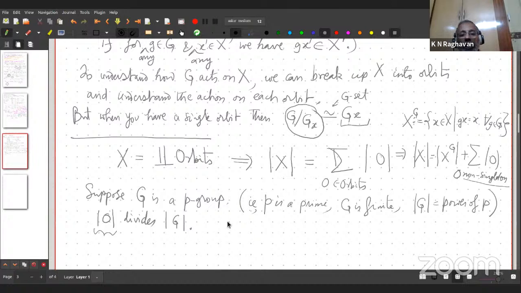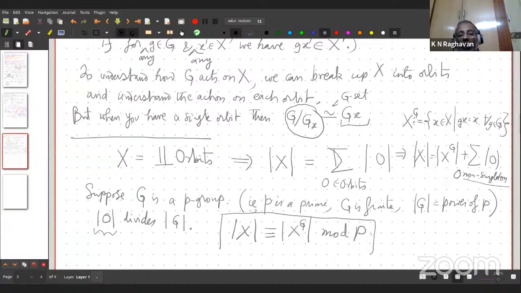So what I get finally is that the statement is, if G is a p-group acting on a finite set X, then the cardinality of X is congruent modulo p to the number of fixed points.